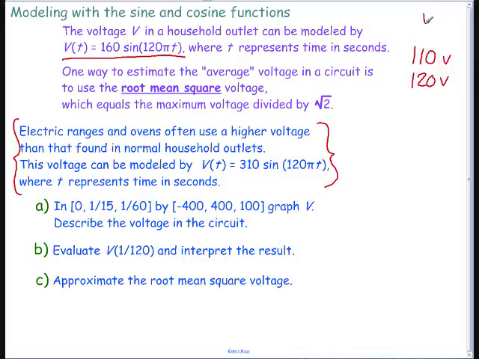That's the one with the grounding pin down here, right? And you plug your laptop or your computer into that, right? But electric ranges and ovens, they often use higher voltage.